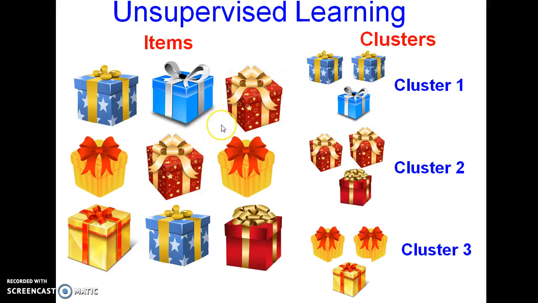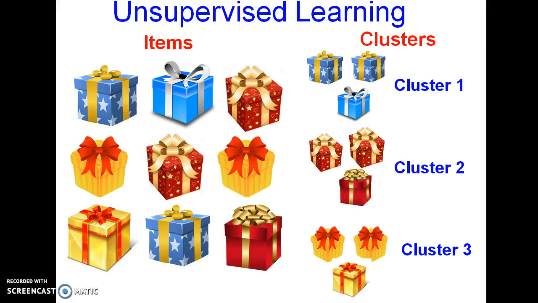Unlike supervised learning algorithms, unsupervised learning strategy forms different clusters, not different labels. And these clusters are formed by grouping similar kinds of boxes. Here the similarity finding criterion is the color of the boxes.